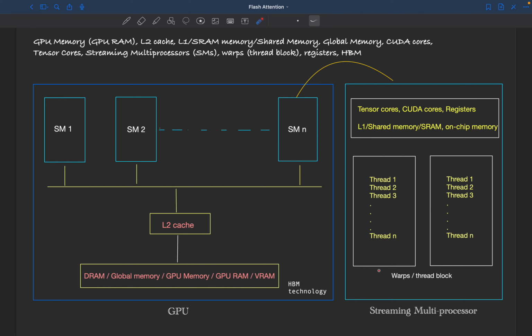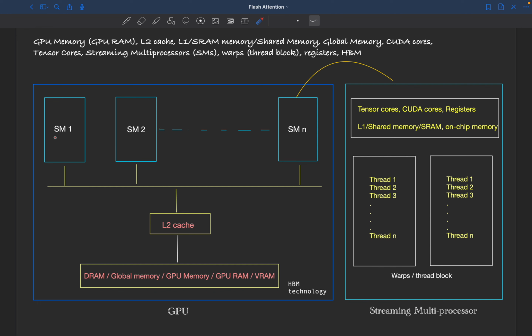And apart from these, we usually call it SM, that is nothing but streaming multiprocessor, which also has some kind of processing unit. Usually that will be less compared to the core of a CPU. Usually the processing power of a core of a CPU is much higher than the processing power of an SM of a GPU, right?